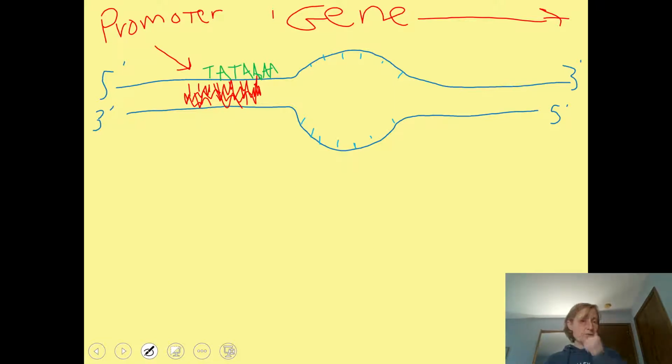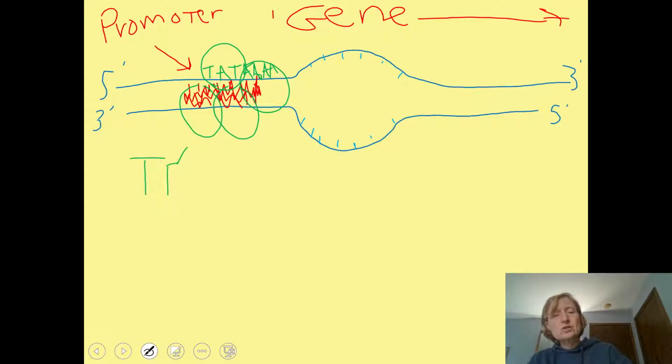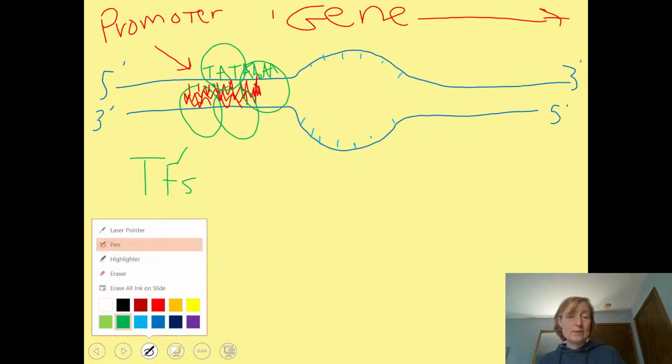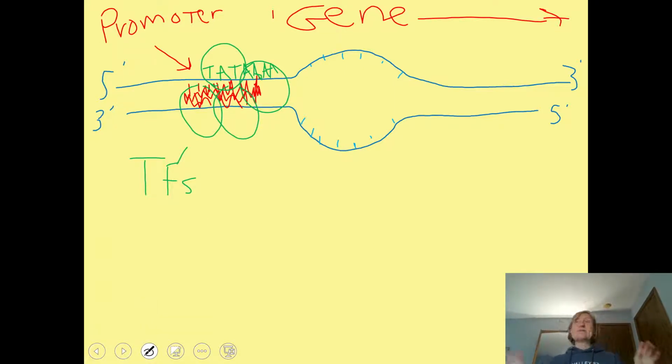In our drawing in our slides on the next figure, they're little purple circles. So transcription factors recognize the promoter and they bind to the promoter region. Those are called TFs, or transcription factors. Okay? Those are proteins that recognize the promoter, they bind to the promoter, and then they draw in RNA polymerases. And RNA polymerase is like, oh, aha, this is where I need to start transcribing my gene.